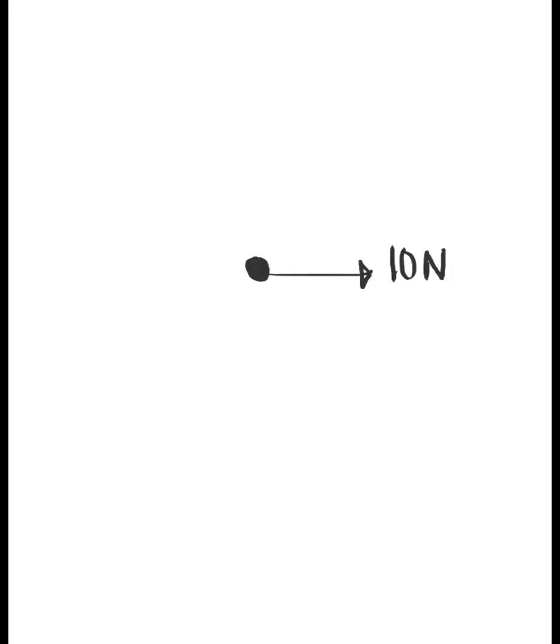And then we also have 10 newtons, which is directed to the left. So I'm just going to go ahead and label this one right here. Now, if you remember what we have said earlier, we will be simplifying our systems. So this is along x right here. So this is negative x. This is positive x right here.